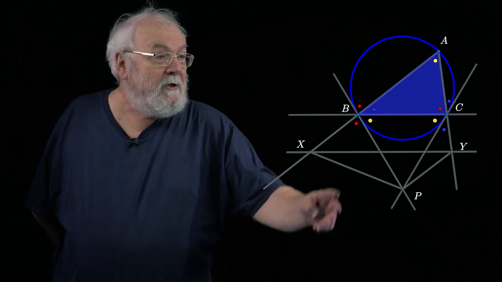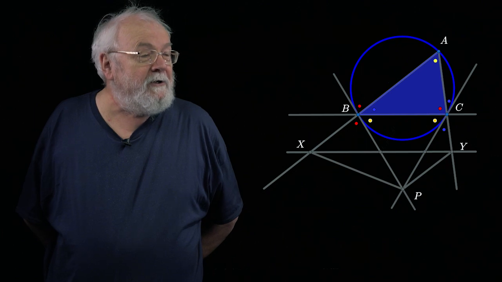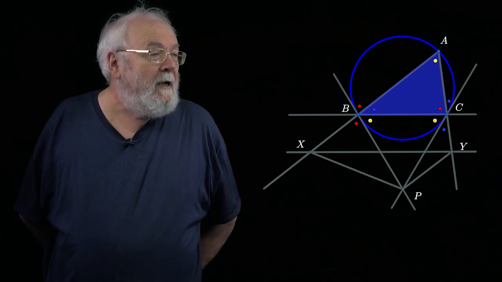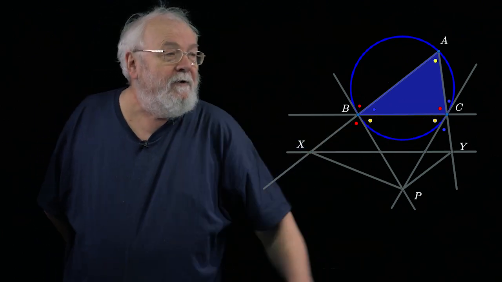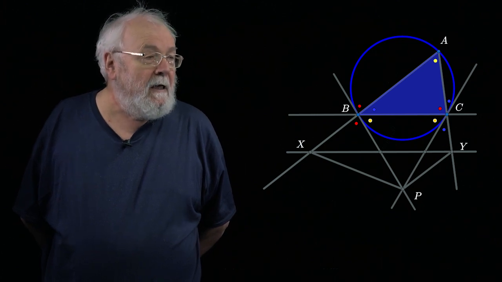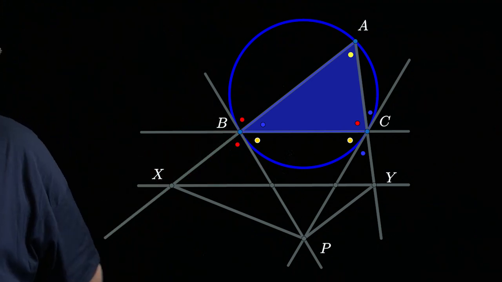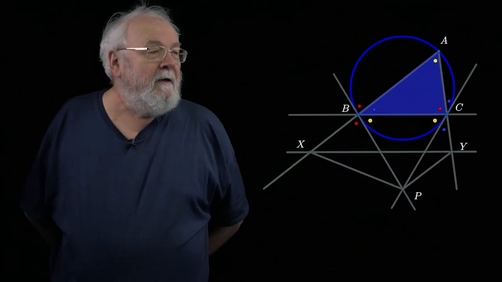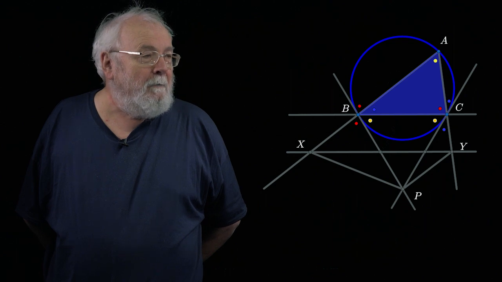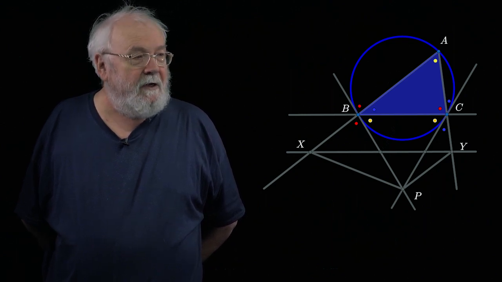We get these two red dotted angles, a pair of vertically opposite red dotted angles around B, and a similar pair of vertically opposite blue angles at C. And also there's this yellow angle here and here. And they're all obtained by applying angle in the alternate segment. So that's a good start.